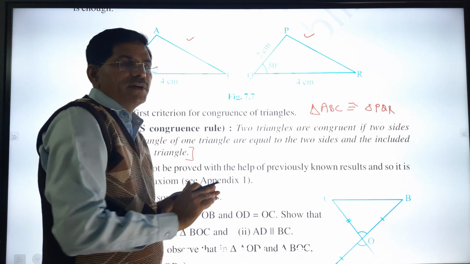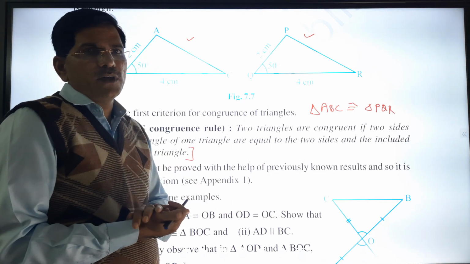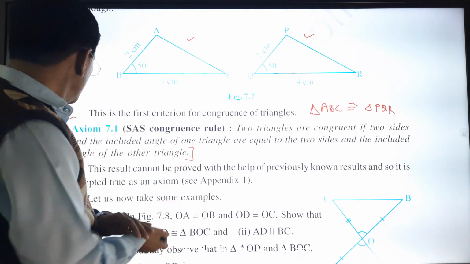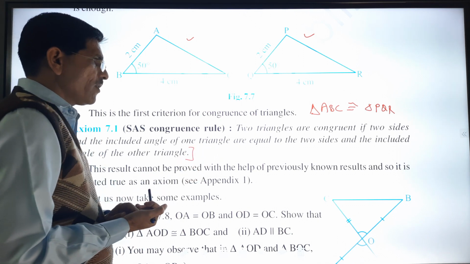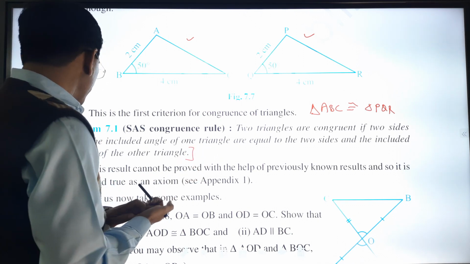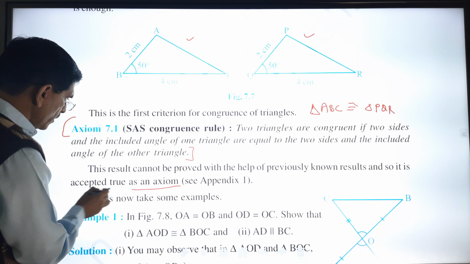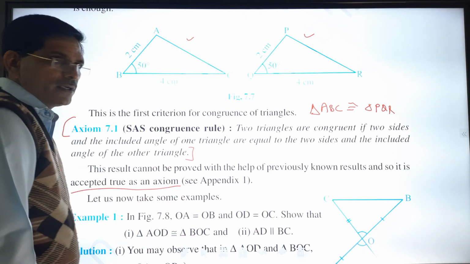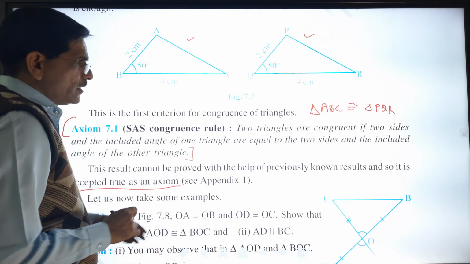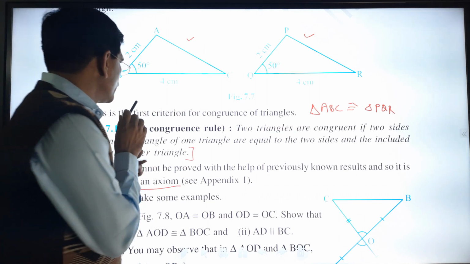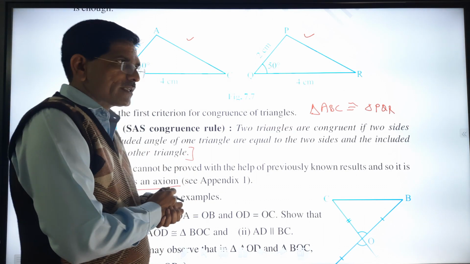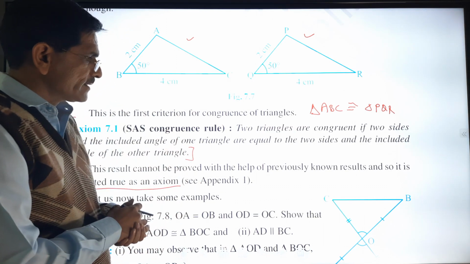The proof of it is not necessary, so this result cannot be proved with the help of previously known results. So it is accepted as true, as an axiom. So we have accepted as true that two triangles are congruent according to the SAS rule.